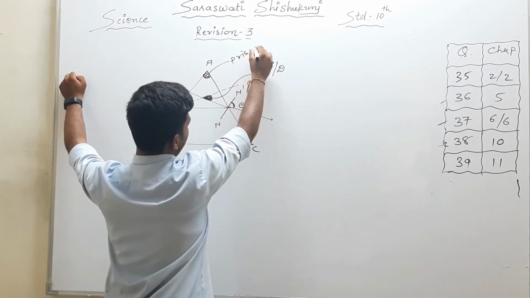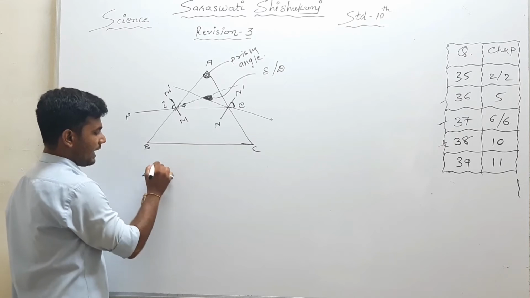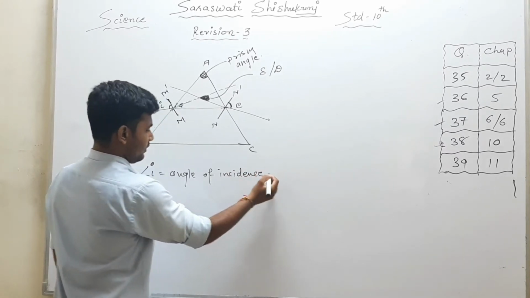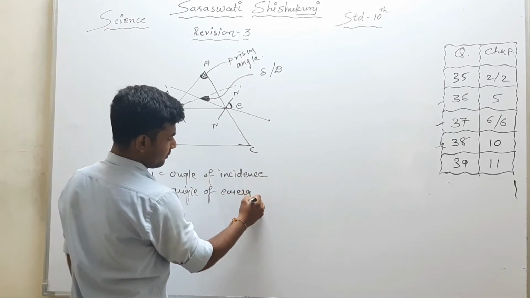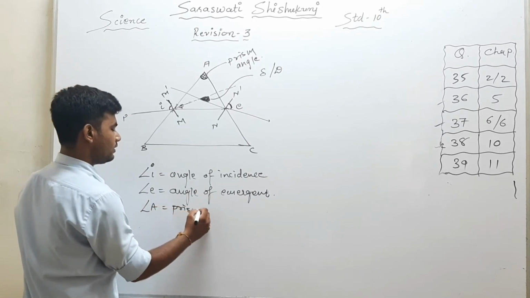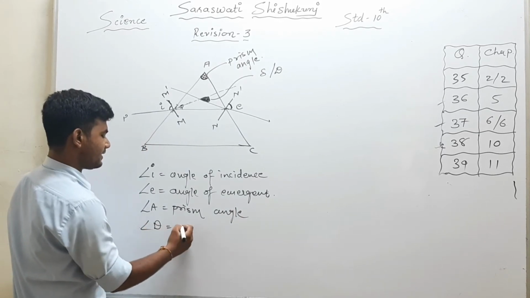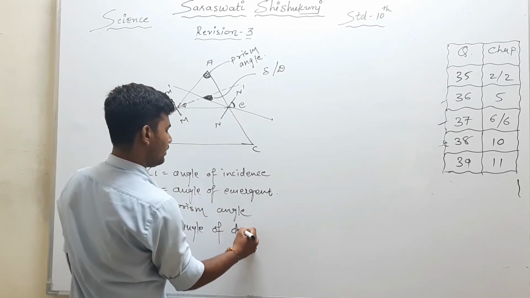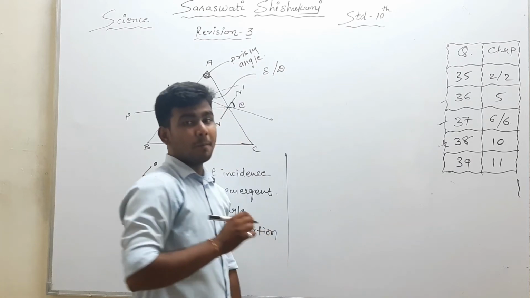So what we can say, beta: angle I is the angle of incidence, angle E is our angle of emergence, angle A is our prism angle, and angle D or delta is our angle of deviation.